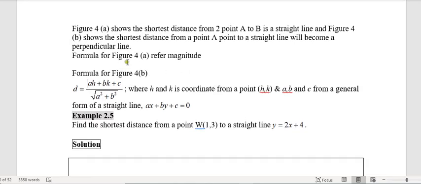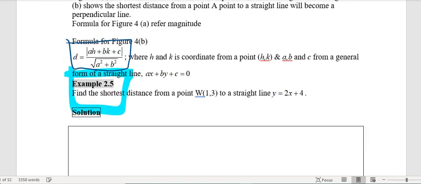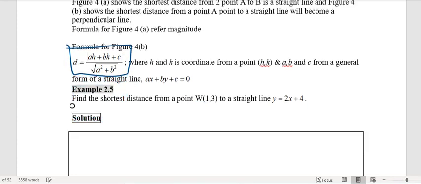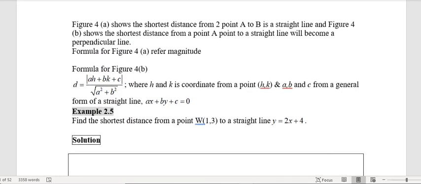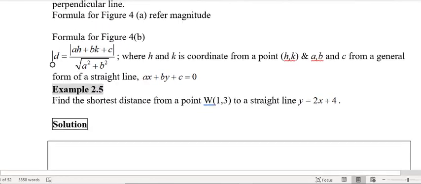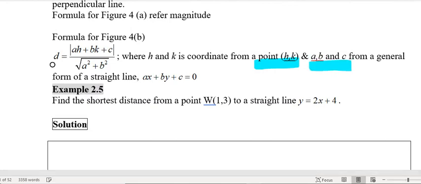This will be the formula that you need to remember. Now h and k here refer to the point. a, b, c here is the general form of a straight line, whereby a is the coefficient of x, b is the coefficient of y, and c is the constant.